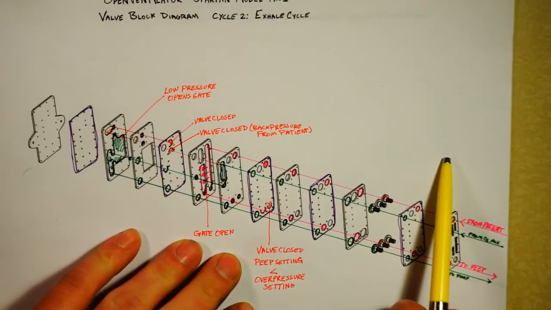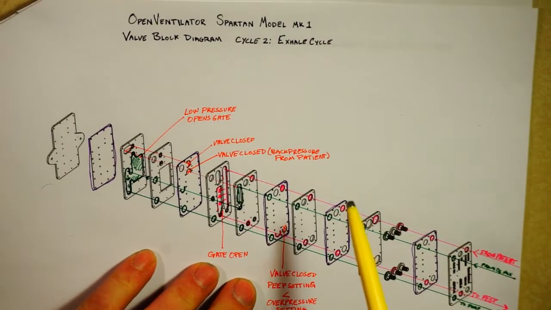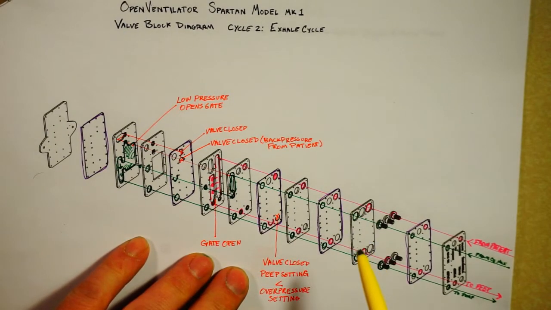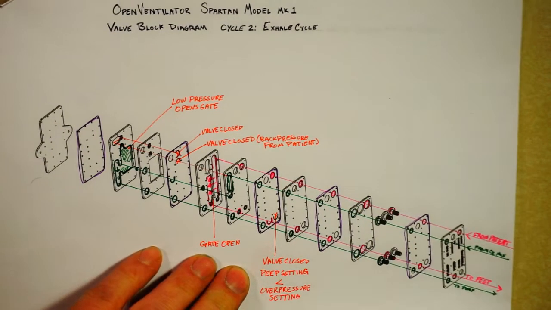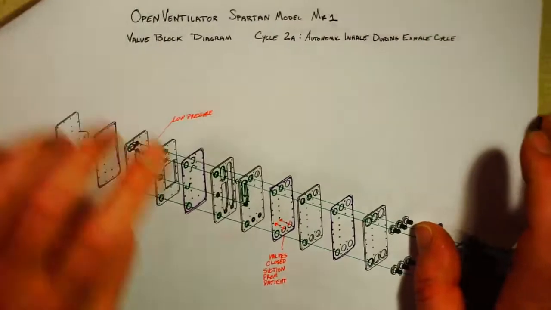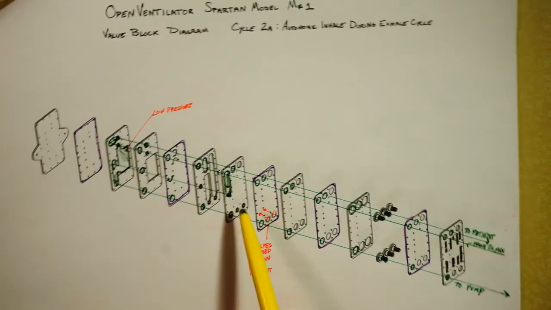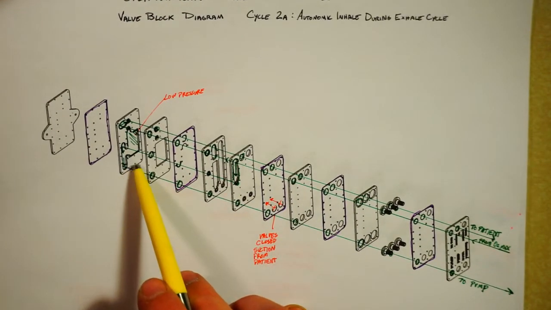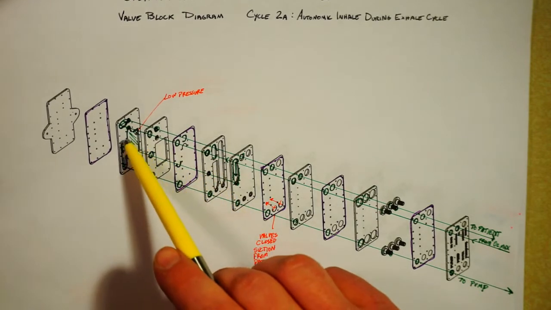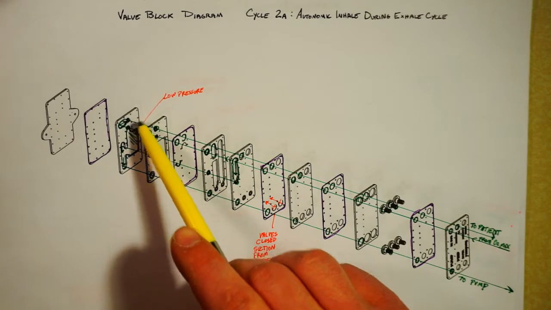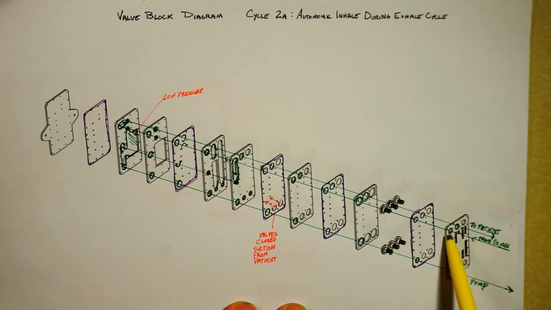So the last thing that I want to look at in this diagram is an autonomic inhale, something like a yawn, during the exhale cycle. So the pump is doing the same thing. It's sucking air through this valve, through this chamber, again from the air gas in port.